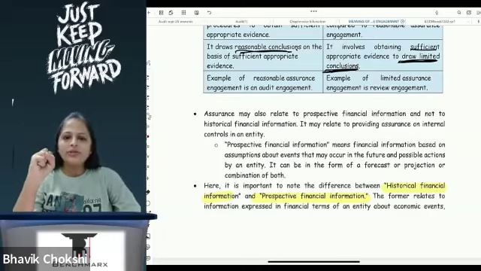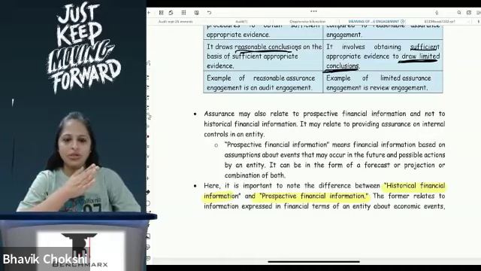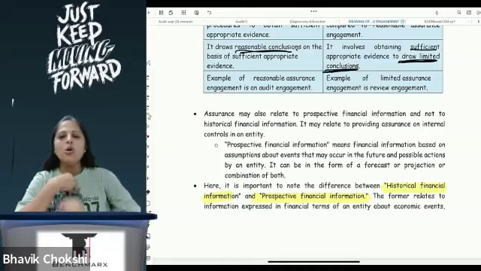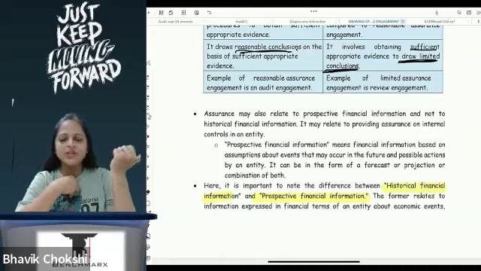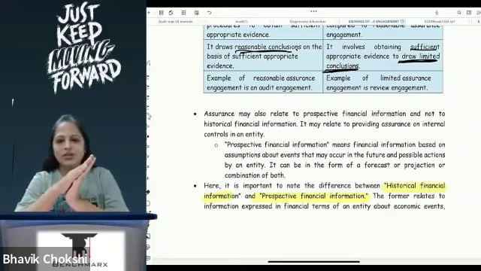Most of your accounting standards are based on assurance on historical financial information, correct? So when I'm doing an audit of the last financial year, I am giving assurance on the historical financial information of the last financial year, correct?